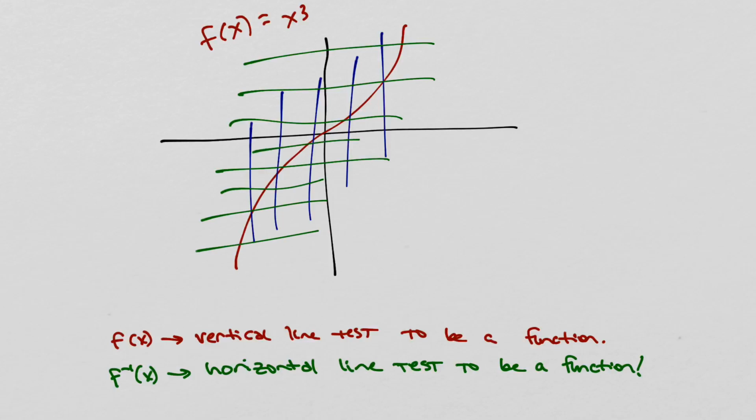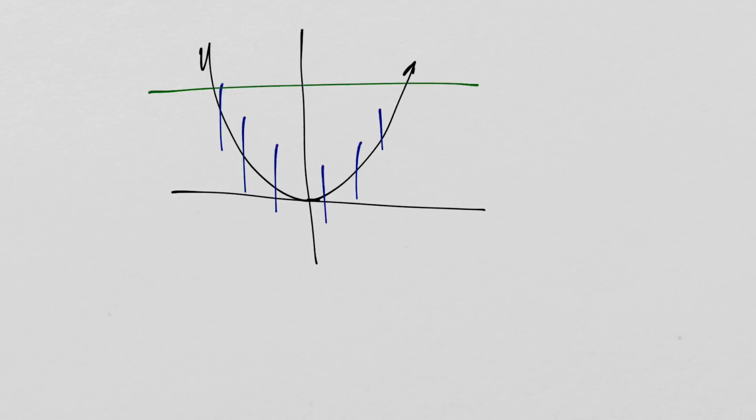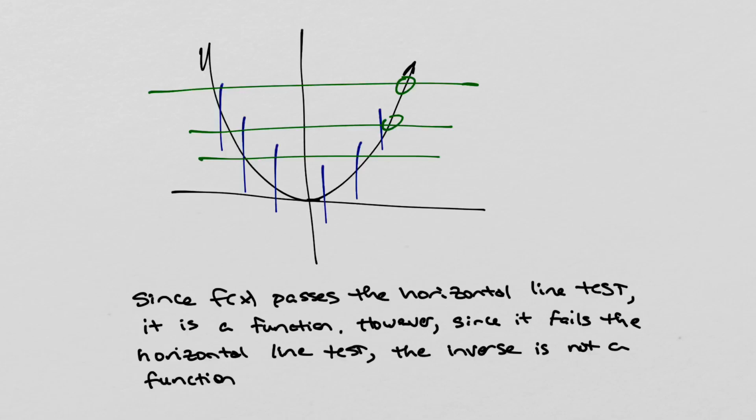Okay? And this is why the parabola fails for us. If you look at the parabola again, it looks like this, where clearly it passes the vertical line test every place, but it does fail the horizontal line test all over the place. Right? So what we know is this.